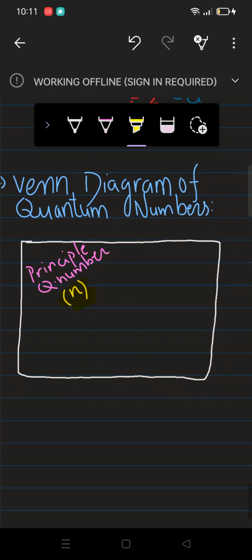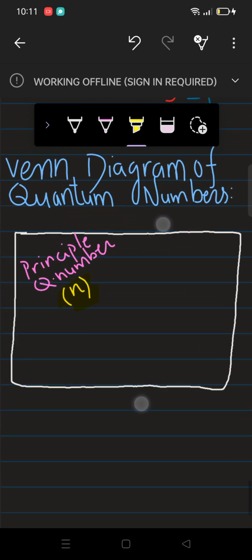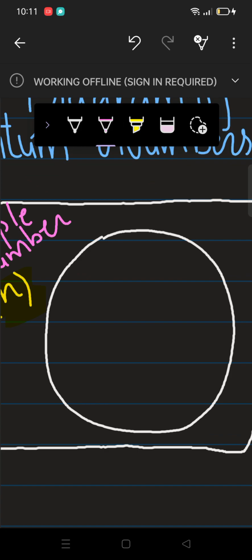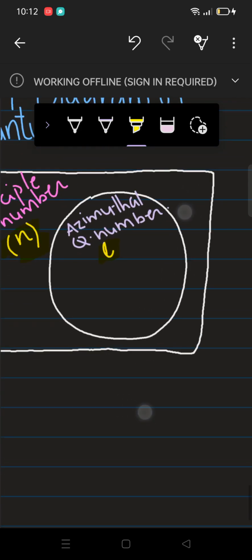Now, the azimuthal quantum number is a subset of the principal quantum number, which means this should be inside it, and this is the azimuthal quantum number, denoted with the letter L. Then we have the magnetic quantum number, which is a subset of the azimuthal quantum number.